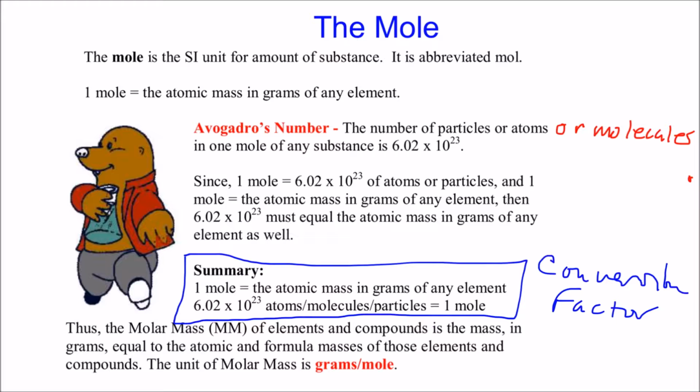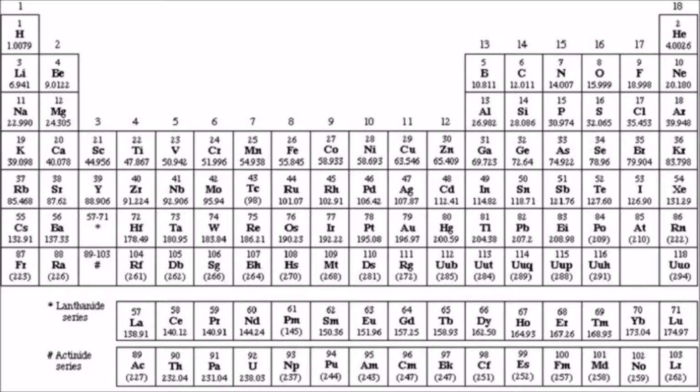So anytime that we look at the periodic table and see any of these atomic masses here, the unit of all of these atomic masses is grams per mole. So carbon has a molar mass of 12.011 grams per mole. You need to know that the unit for atomic mass is always grams per mole.